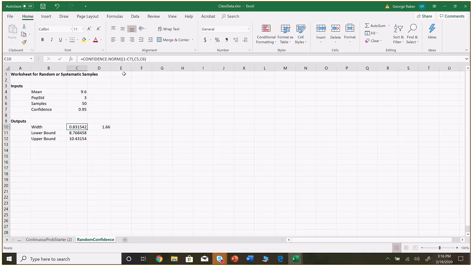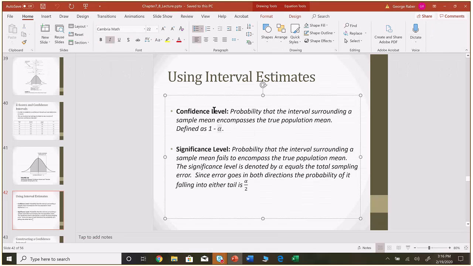So Excel wanted the probability that I was going to make a mistake, and the confidence level is the probability that you're correct. And based on what we talked about earlier, it's just one minus the other. Okay.